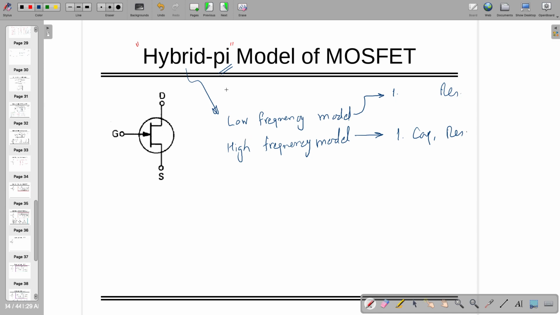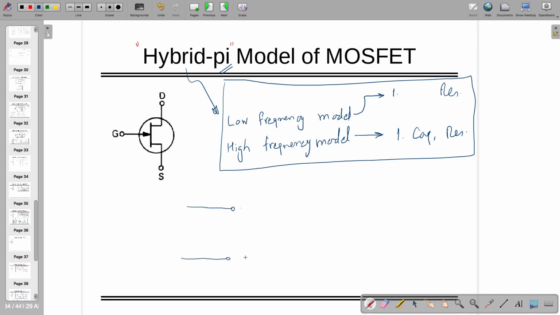When we are drawing the hybrid pi model, if it is for low frequency as well as for high frequency, it will have both. Just now we have drawn one model.